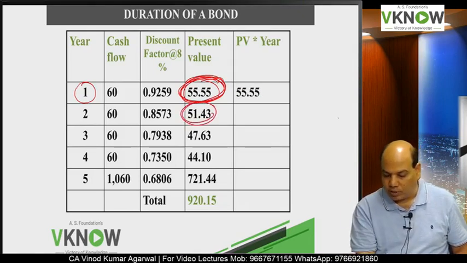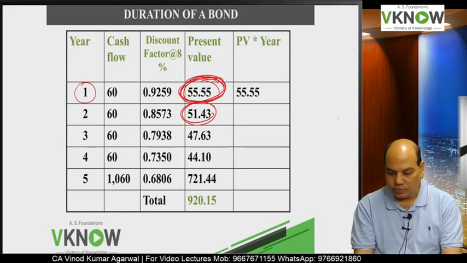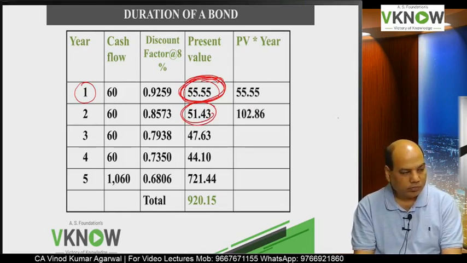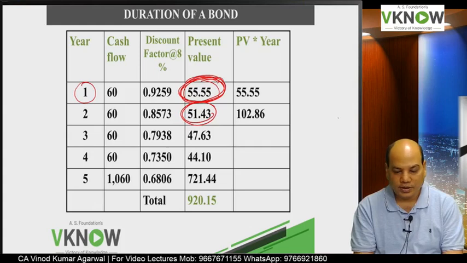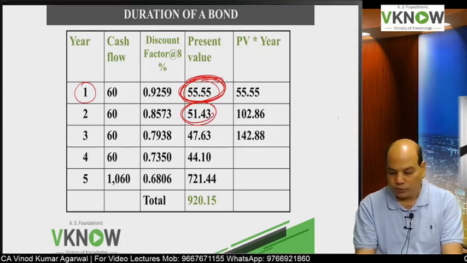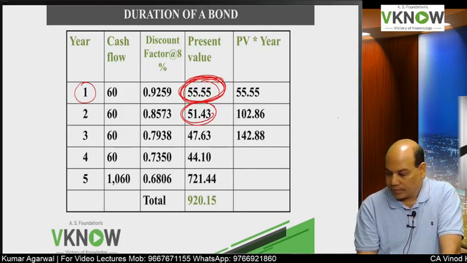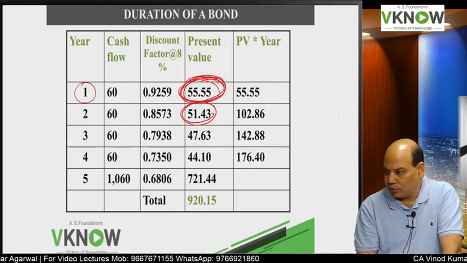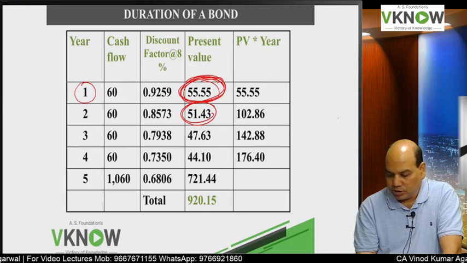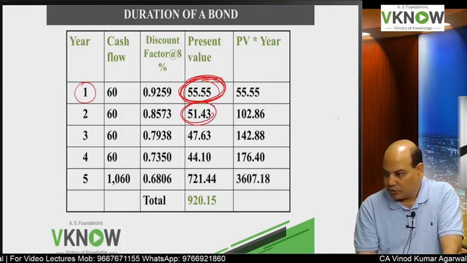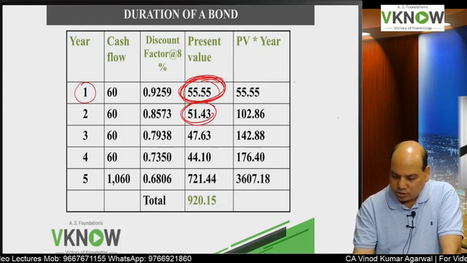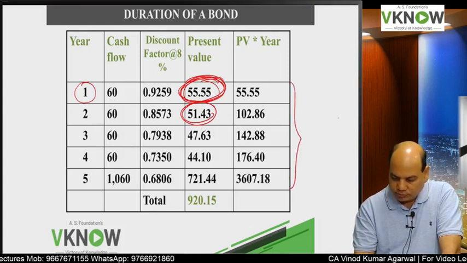So please multiply 55.55, then 102.86, 142.88, 176.4. Please reply 3607.18 and tell me the total of this also.